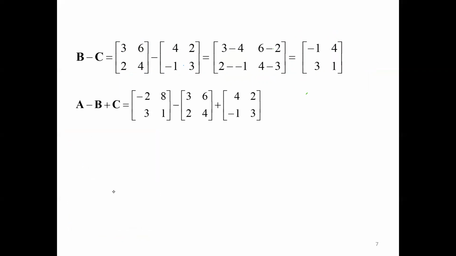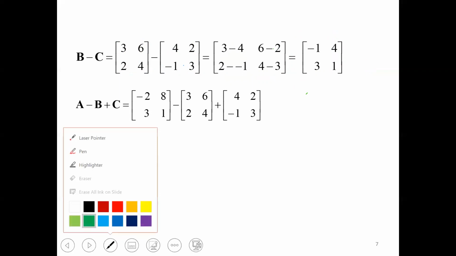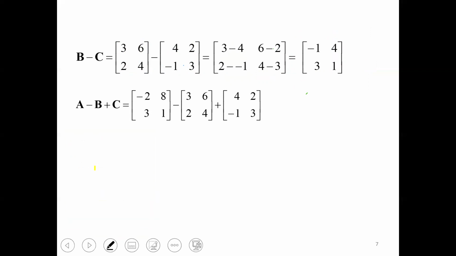Right. Another example here where A minus B plus C. So again, we do the same way. We just add and subtract the corresponding elements. So for the first one, we're going to take -2 minus 3 plus 4.